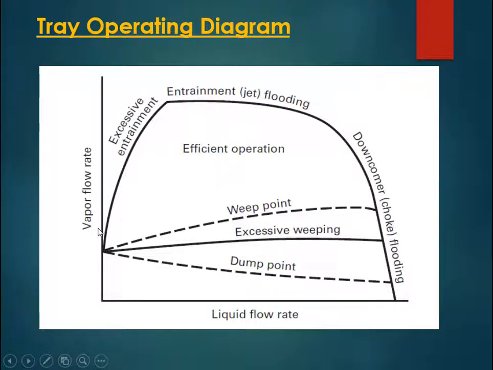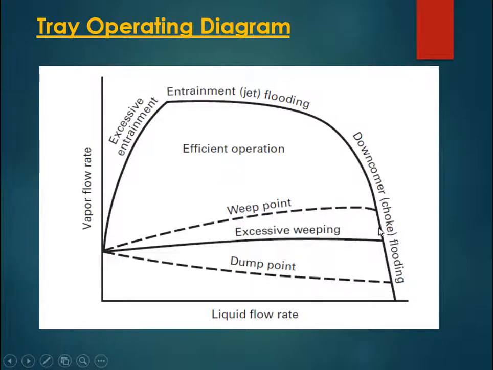But for the same vapor velocity, if liquid flow rate goes high, it will go into this excessive weeping region, because the dry pressure drop required to hold the liquid on the tray also becomes high, and because of that, a higher vapor flow rate is required to avoid this weeping.